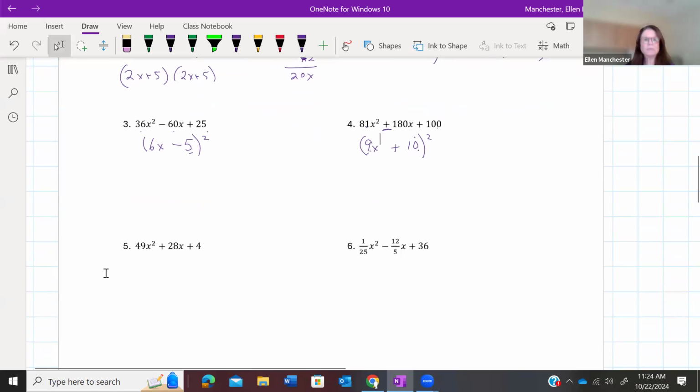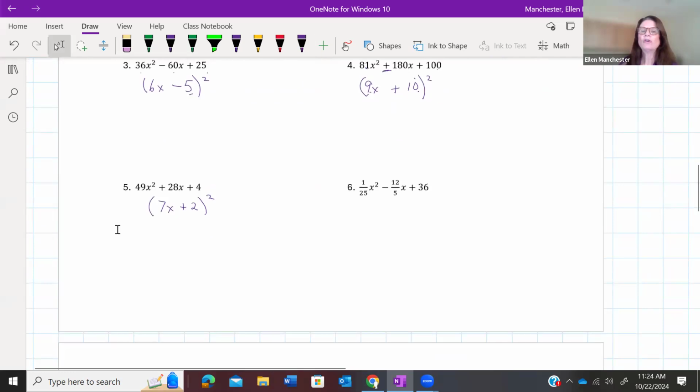Anyone want to give me number 5? 7x and 2. 7 times 2 is 14. Doubled gives me 28. I'm good to go. Okay, so don't let fractions scare you. Remember, 1/25 is the same as 1/5. 36 is 6.